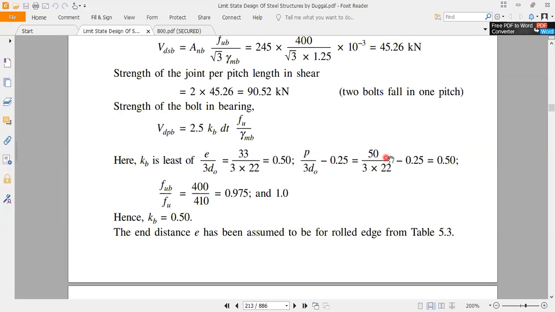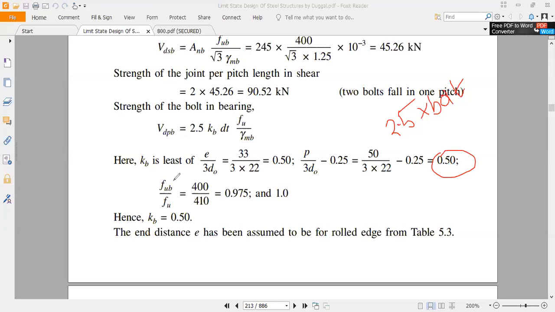So p is equal to 50. In our last numerical, maybe we assumed 22 into 2.5, that was not correct. It is basically 2.5 into the bolt diameter. The bolt diameter is 20 millimeter, so 2.5 into 20, that means 50. So 50 by 3d0 minus 0.25 is coming 0.5.